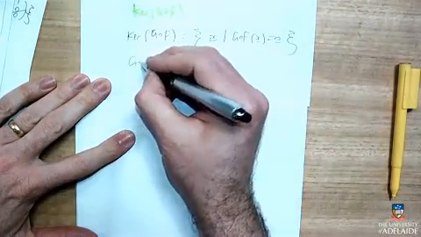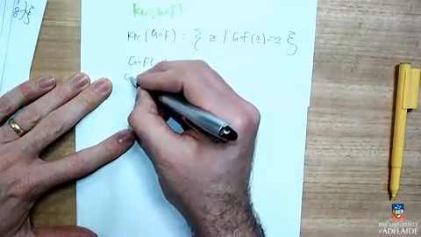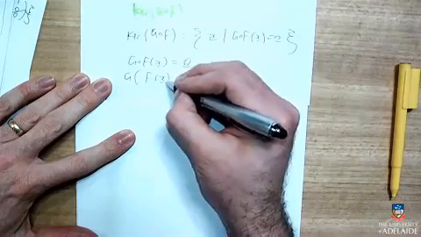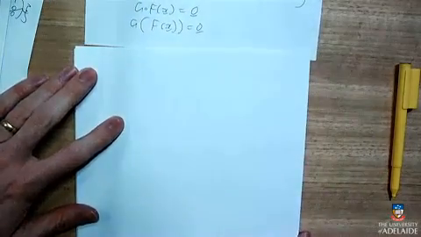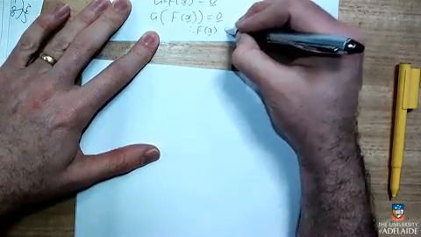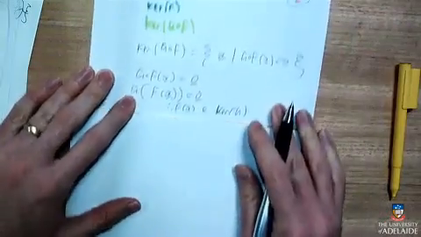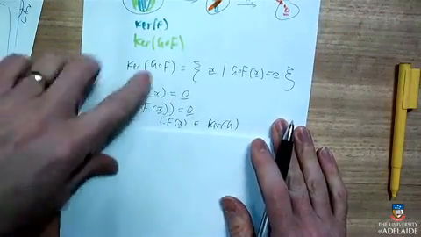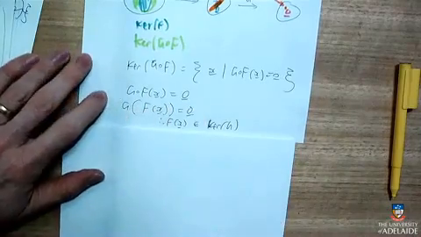So if G of f of x is 0, that means that f of x is in the kernel of just G, because that's the definition of the kernel: G of a thing equals 0 means the thing is in the kernel.